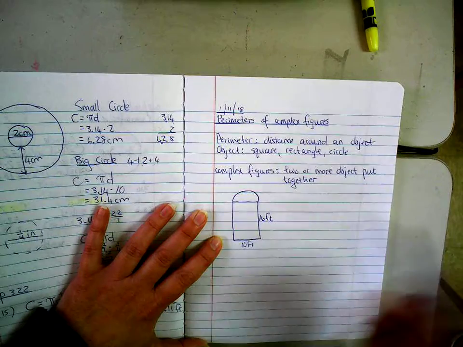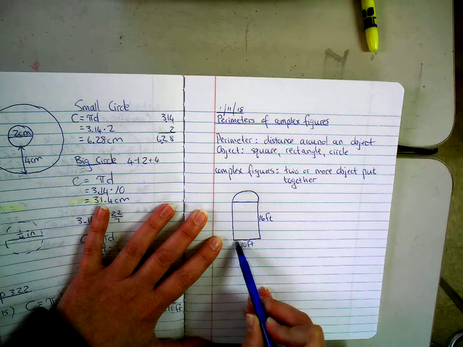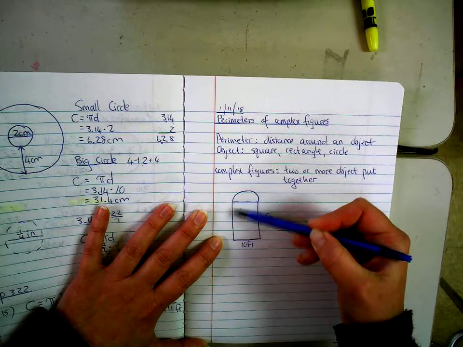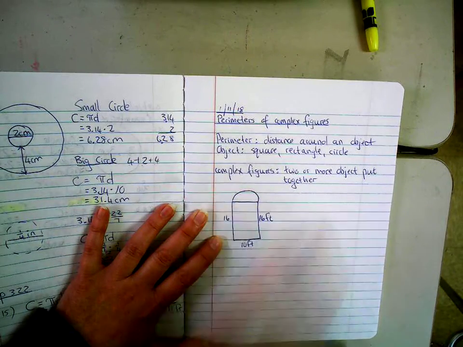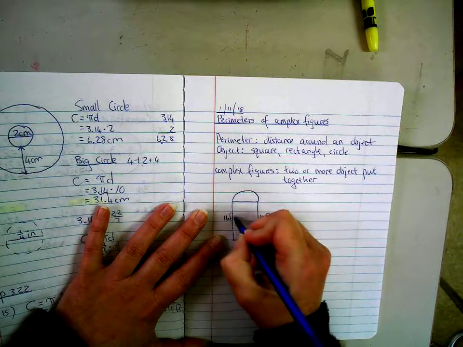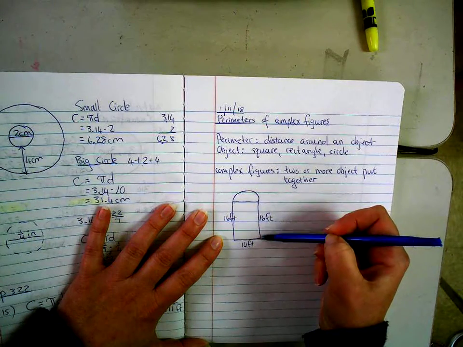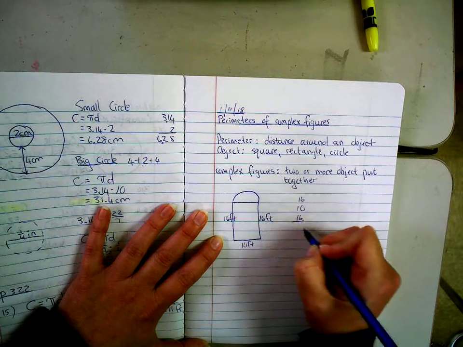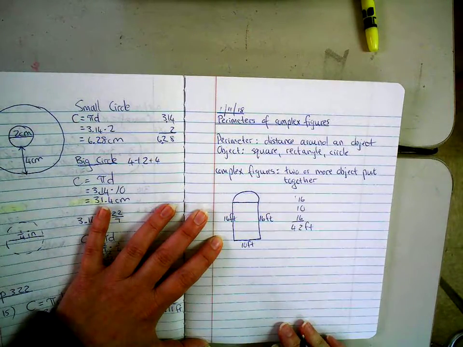So what will we use? We will use this 16, this 10, and what is this wall? Oh, it's a rectangle, and the wall that stands opposite it is 16, so this has to be 16 too. This is not difficult. I can do this. Okay, so let's get this so far. This 16, this 10, and this 16. 16, 10, and 16, that's 12, that's 4, is 42 feet.